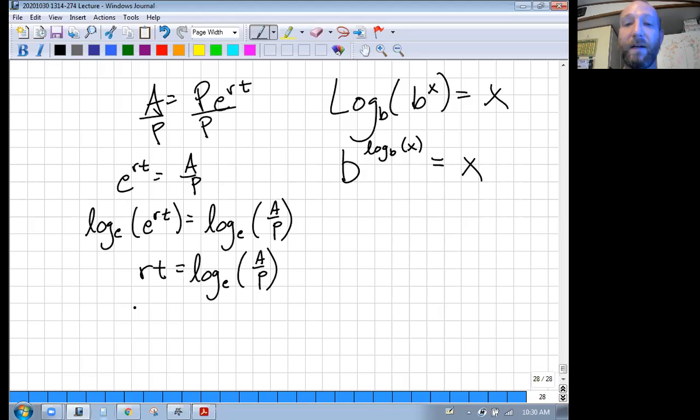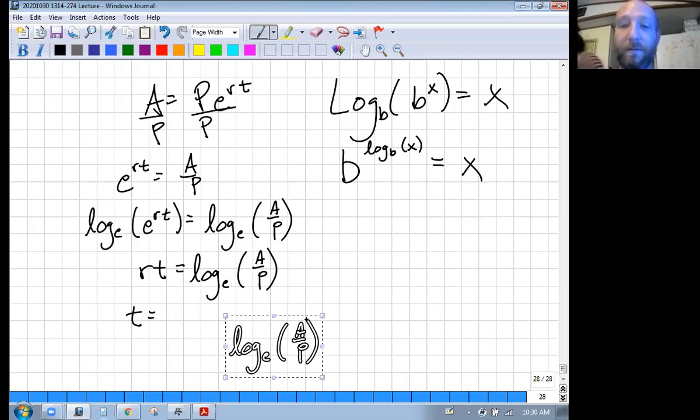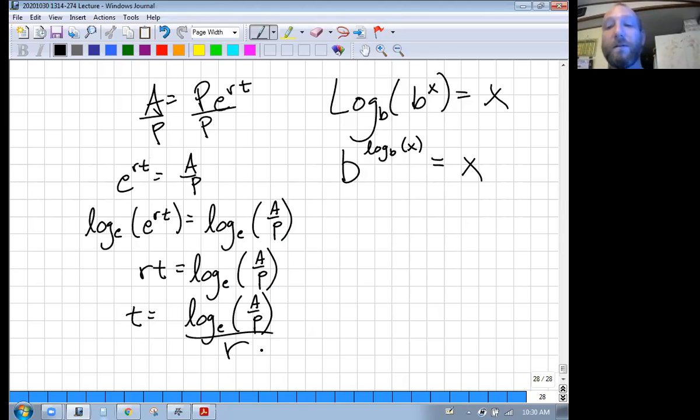All right, so now I can just divide both sides by r. So that's how you find the time. We need to do the inverse of the exponential, the log.